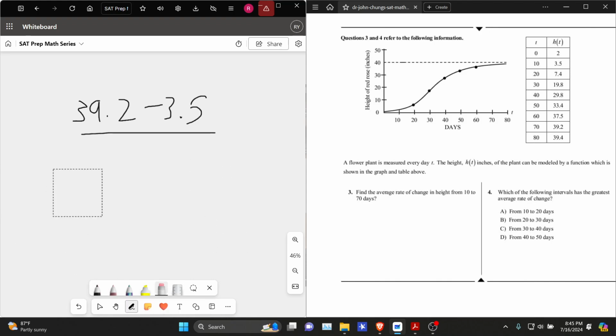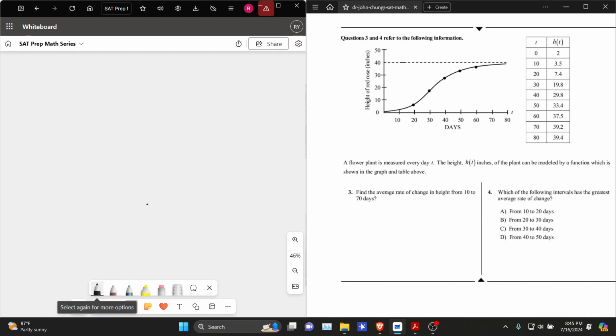Okay. Good. Let's move on to question 4. Which of the following intervals has the greatest average rate of change? To check this, we can just use our eyes. Let's look at option A, from 10 to 20 days. How I like to think of it is how much it has increased for every 10-day period.